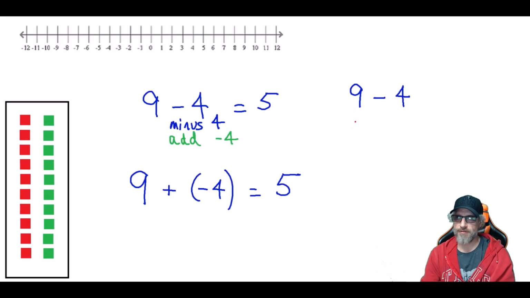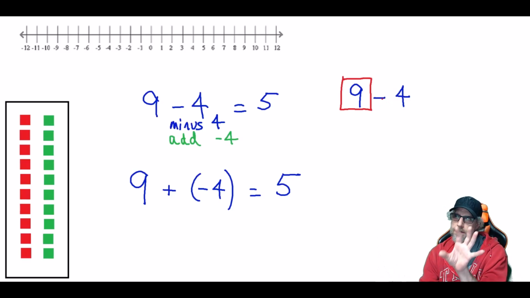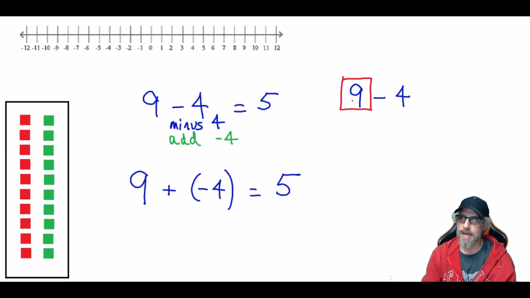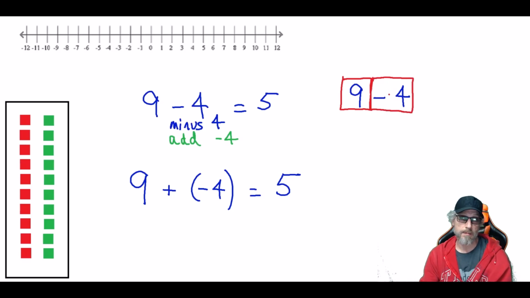Same idea that the first number stays the same. So there's a positive 9, it is what it is. Then any operation or operator that we see, like that minus symbol, we begin to understand that it really is a part of the number that's right behind it. So with 9 minus 4, the 4 is taking on the minus and becoming negative 4.